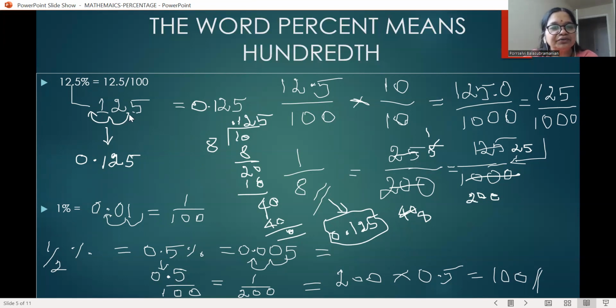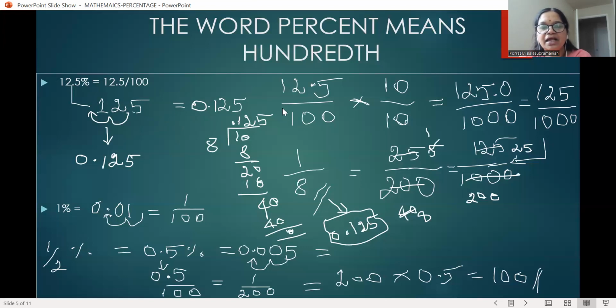Here you have to move the decimal point two places towards the left hand side. So it comes to 0.125 now. So you converted from percentage to decimal. It means 0.125 is the result of 12.5%.